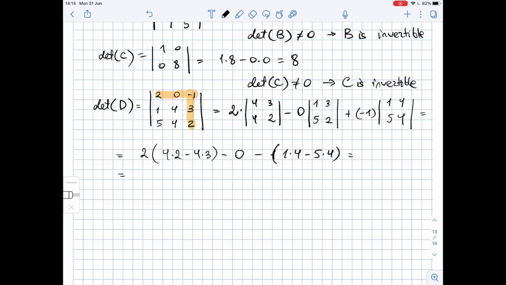We get 4 times 2 minus 4 times 3 is negative 4. Negative 4 times 2 is negative 8, minus 0, and here we have 4 minus 20, which is negative 16, minus negative 16, plus 16. So this equals 8. So the determinant of matrix D is 8, so D is invertible.